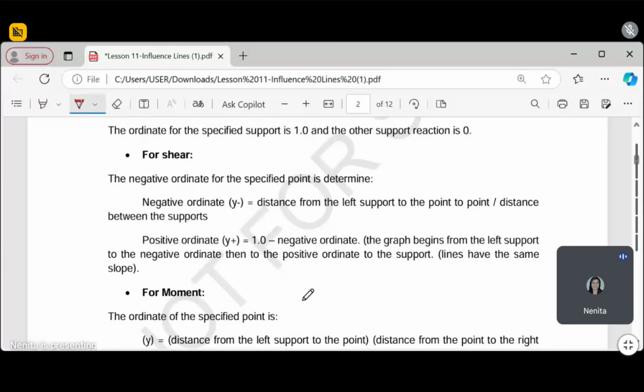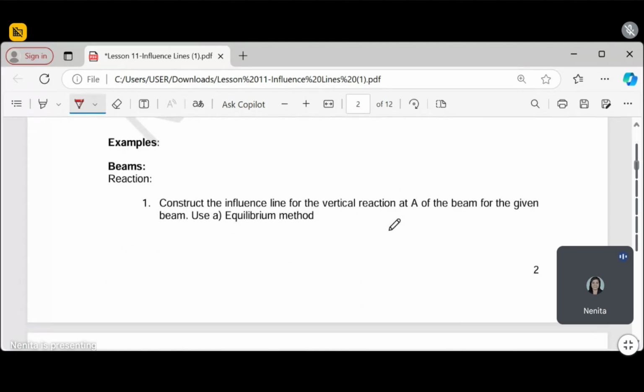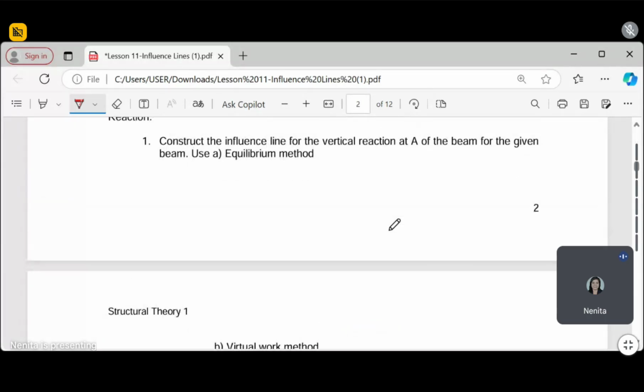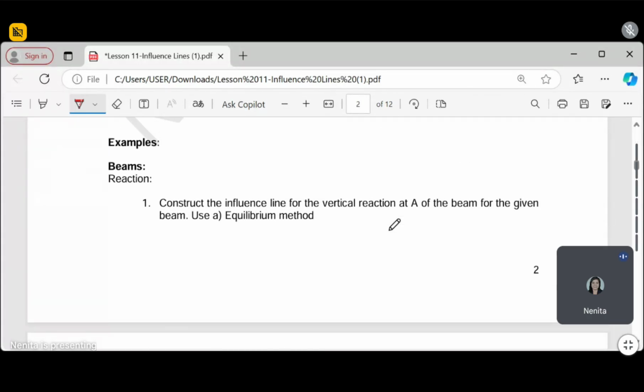Okay, class. So for the Müller-Breslau principle, I will proceed directly to the discussion of the first method, the equilibrium method. I will not continue reading and will go straight to the example. Let's say for a beam reaction, our function is a reaction.